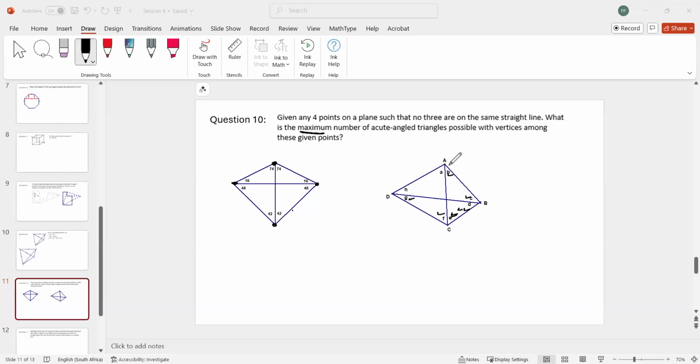Then go to this triangle here, that one again, that one, that one, that one, and finally this triangle here. So when you add up all these 4 triangles, you get the sum of the whole lot. So 4 triangles will give you 720 degrees.